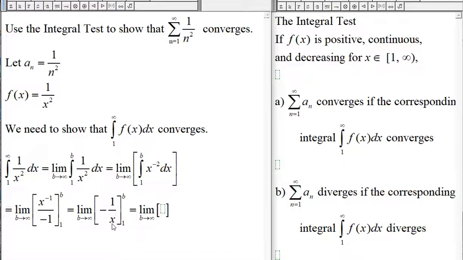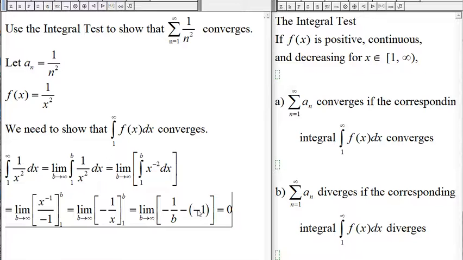So we replace x with b, then we get negative 1 over b. And then minus, if we put a 1 in here, then we get a negative 1. As b runs to infinity, this 1 over b will run to 0.